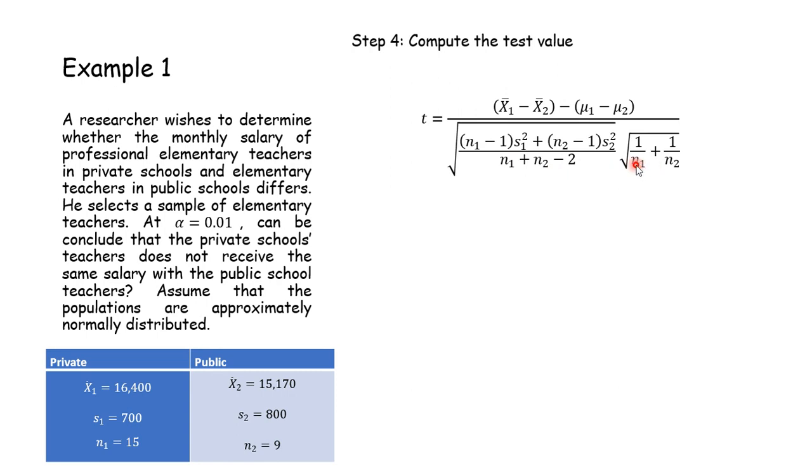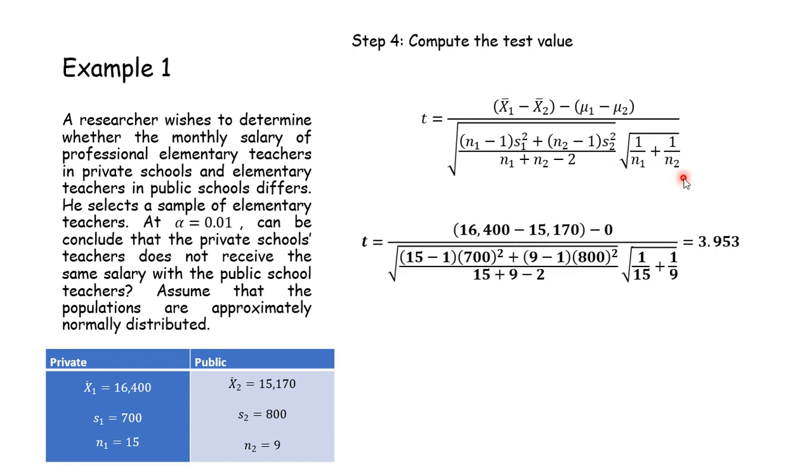And then another square root of 1 divided by the first sample size plus 1 divided by the second sample size. So substitute lang natin lahat ng data po na meron tayo.